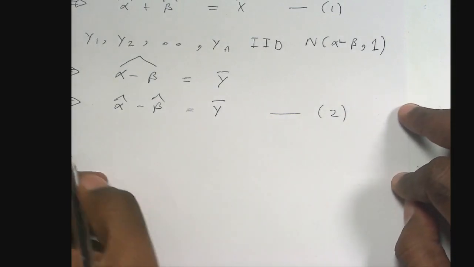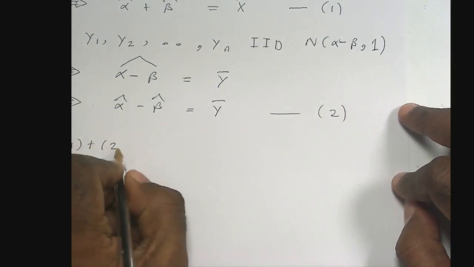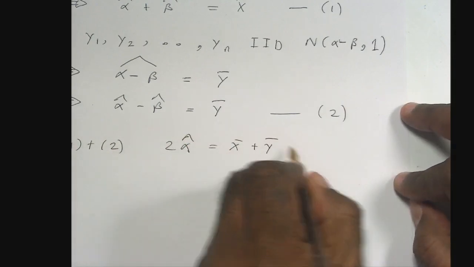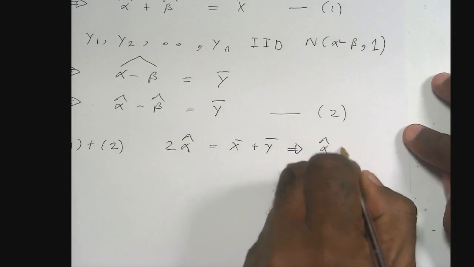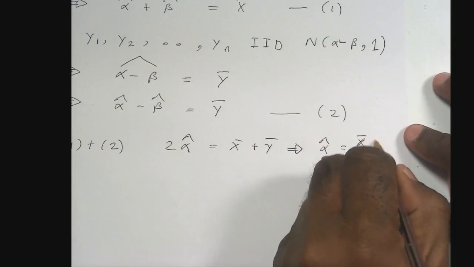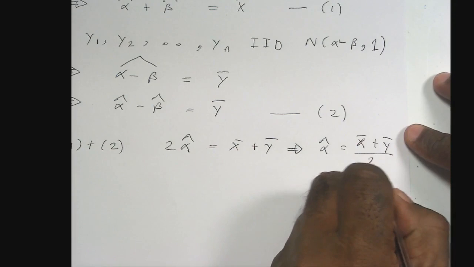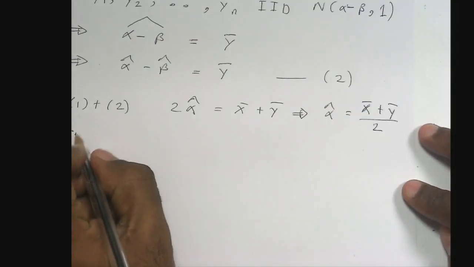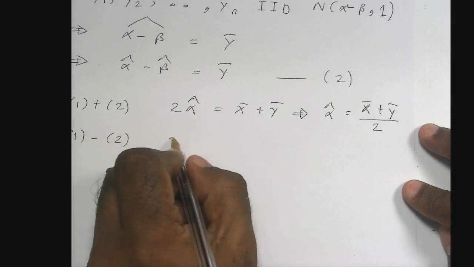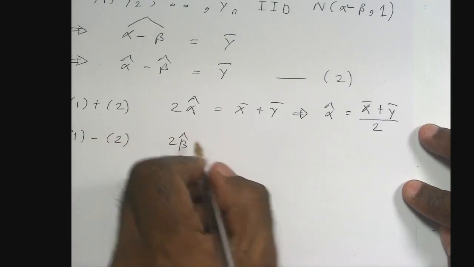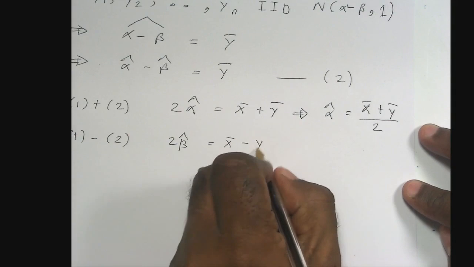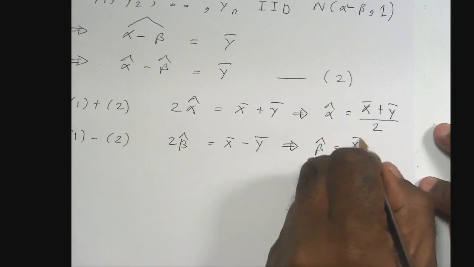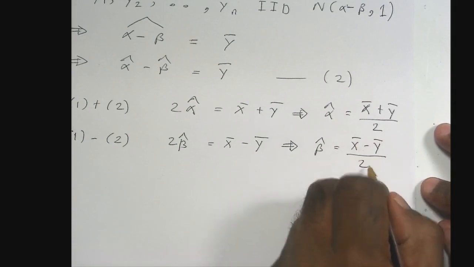Solve them. If you add equation 1 and equation 2, you get 2 alpha hat equal to x bar plus y bar, and therefore alpha hat is equal to (x bar plus y bar)/2. If you do equation 1 minus equation 2, you get 2 beta hat equal to x bar minus y bar, so beta hat is equal to (x bar minus y bar)/2.